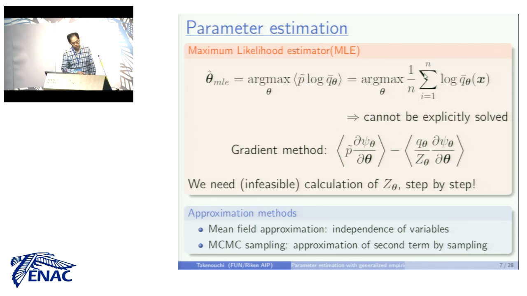But we cannot solve this optimization problem explicitly, so we usually use a gradient method, and the gradient is written like this. Actually, this first term is easy to calculate, but this second term is very difficult to compute because it includes the normalization constant. So many approximation methods have been proposed, such as mean-field approximation or MCMC sampling or something like that.